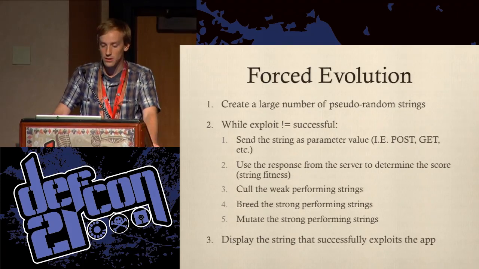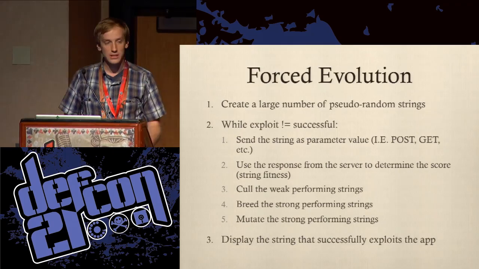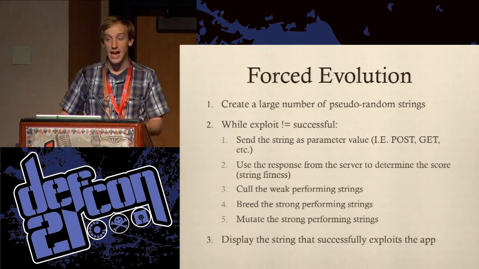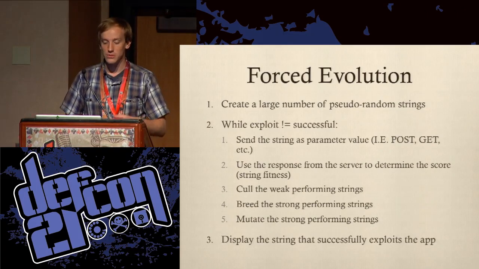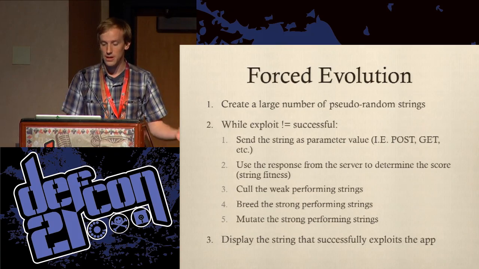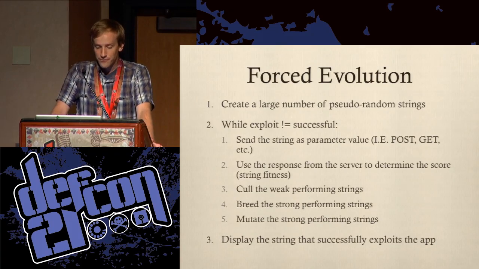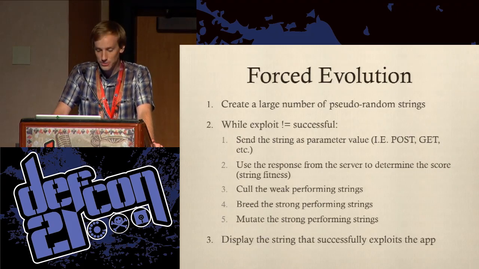We're progressing forward. We create a large amount of strings and breed in what we know has worked in the past, but we use that just to influence the population. We don't say we have a set of signatures, because then we're back to the original problem. Then we go through the exact same process as a generic genetic algorithm.